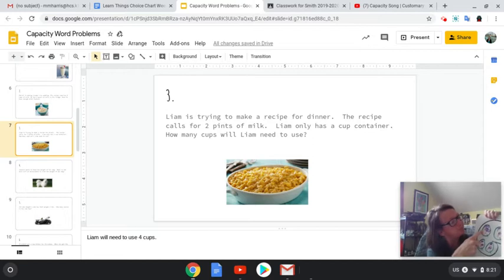So, if 2 cups equals 1 pint, how many cups would it take to make 2 pints? 1, 2, 3, 4. 4 cups would equal 2 pints. So he would need to use 4 cups of milk.